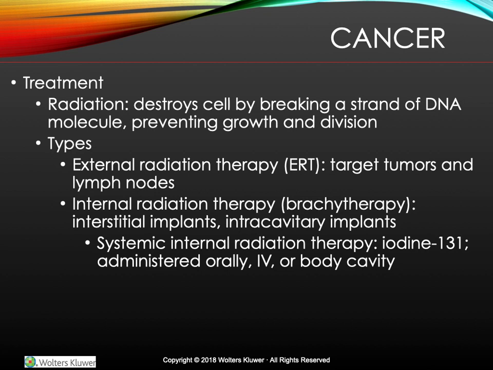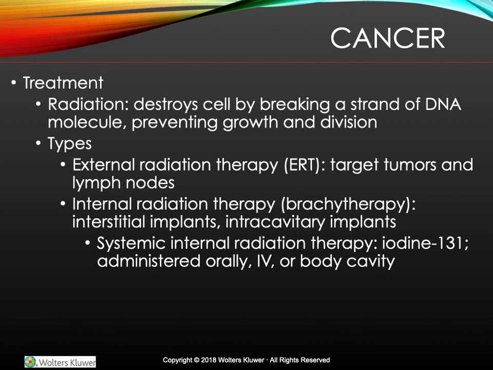So, in addition to surgery, you can have radiation treatment. Now, radiation treatment, that's when cells are destroyed by breaking down strands of DNA molecules, and that prevents the growth and division of those cancer cells. You can have external radiation or internal radiation.